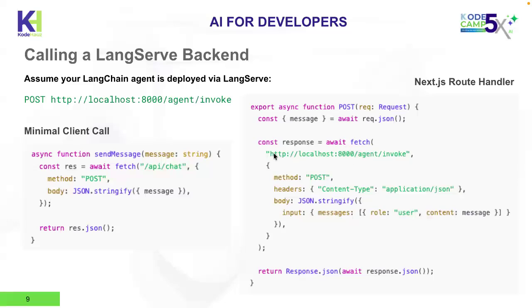This route handler is calling a LangChain endpoint, and you can see it's localhost 8000. So this means that this is server side. It's on the server side of the Next.js, in the same server as your LangChain API backend that you have written. So that's why it's using localhost.